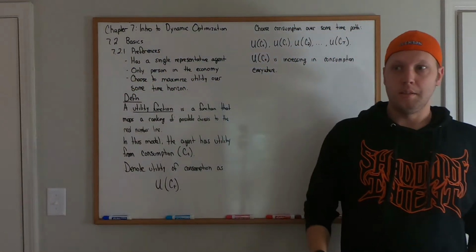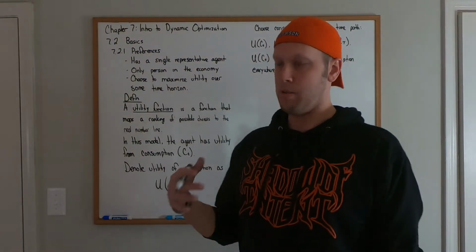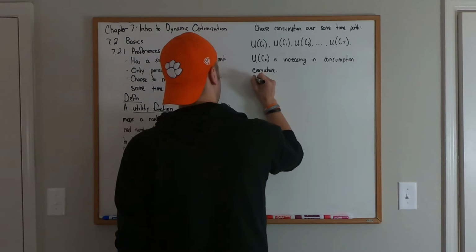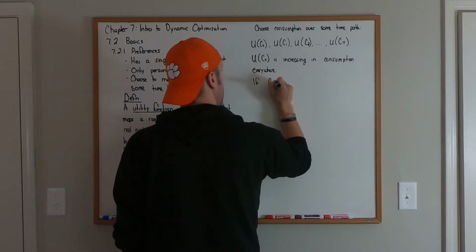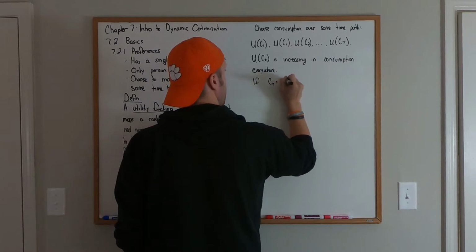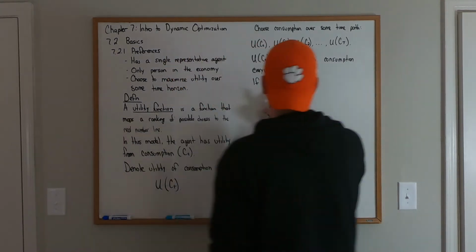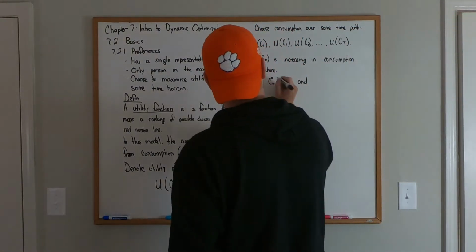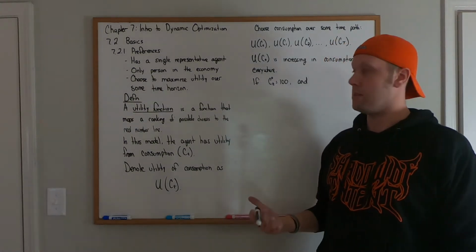What that means is, if I consume more at any point in time, my utility will be higher. So let's say I've got C_t equals 100, right? Or I'll call it C_t with a little superscript 0 to indicate the first or the initial level of consumption.